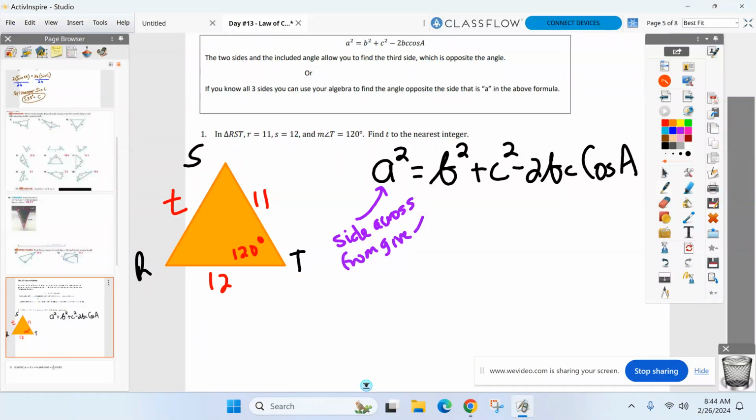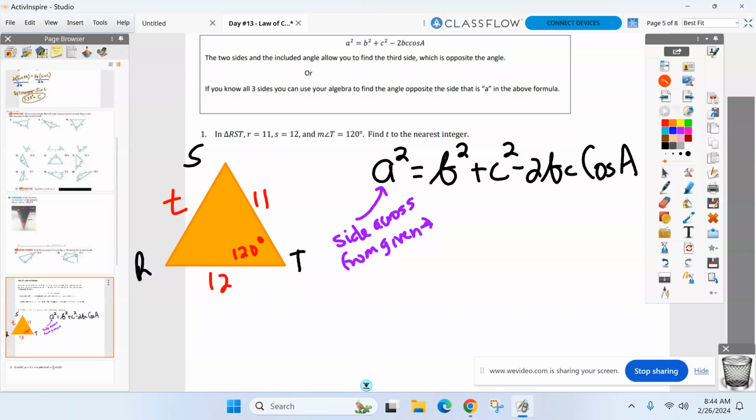That's what we plug in for A. Not side A. It's always going to be the side across from the angle in the problem. Because when you use law of cosines, you'll always have one angle. So that's what I plug in there, the side across from the given angle.